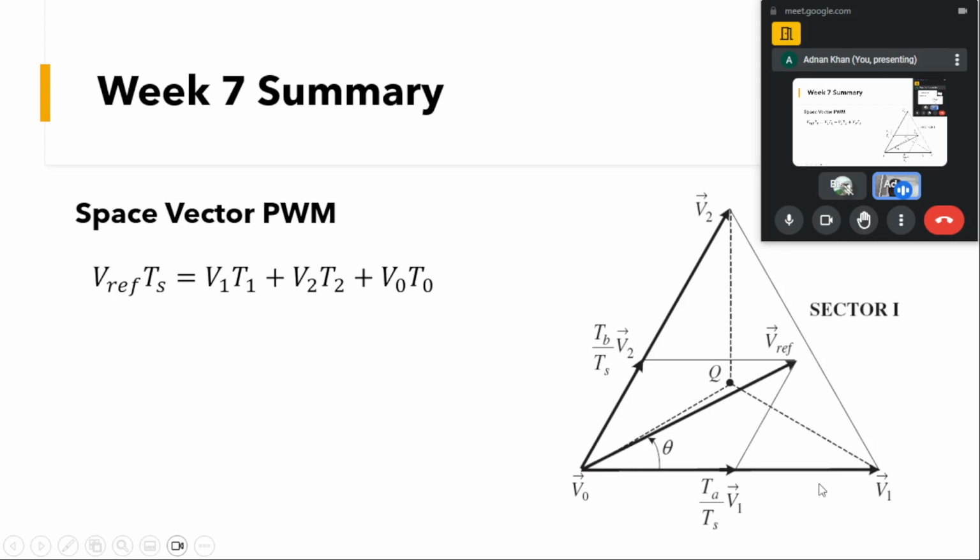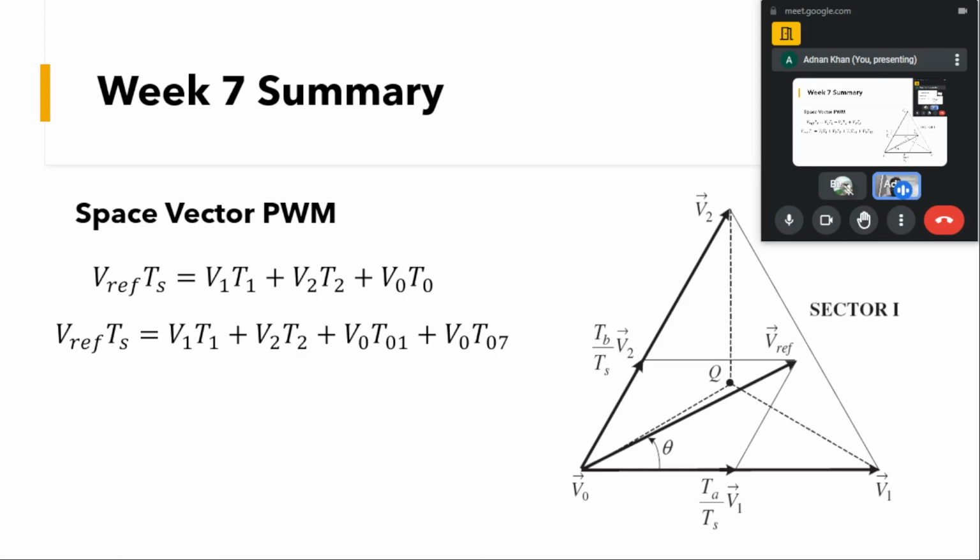That means t1 will be 0 at that time. But we know this t0 is the time for which the 0 vector is switched.